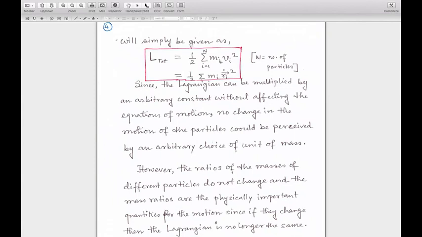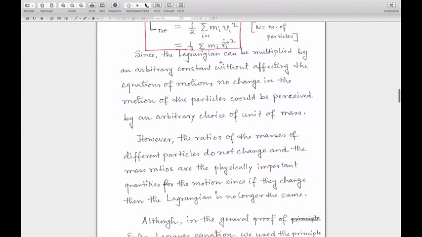Finally, the Lagrangian would not change, because you are multiplying every sub-Lagrangian or single particle Lagrangian by the same constant, as we just discussed in the previous lecture. So that simply says that we are choosing different units of mass, and finally that would not change the Lagrangian, and so no change in the dynamics.